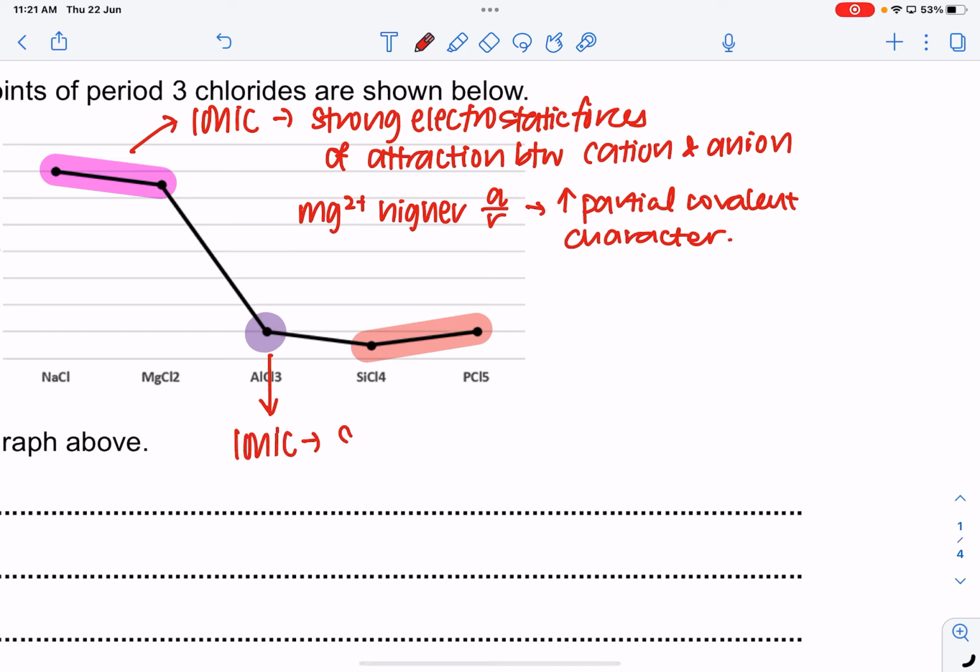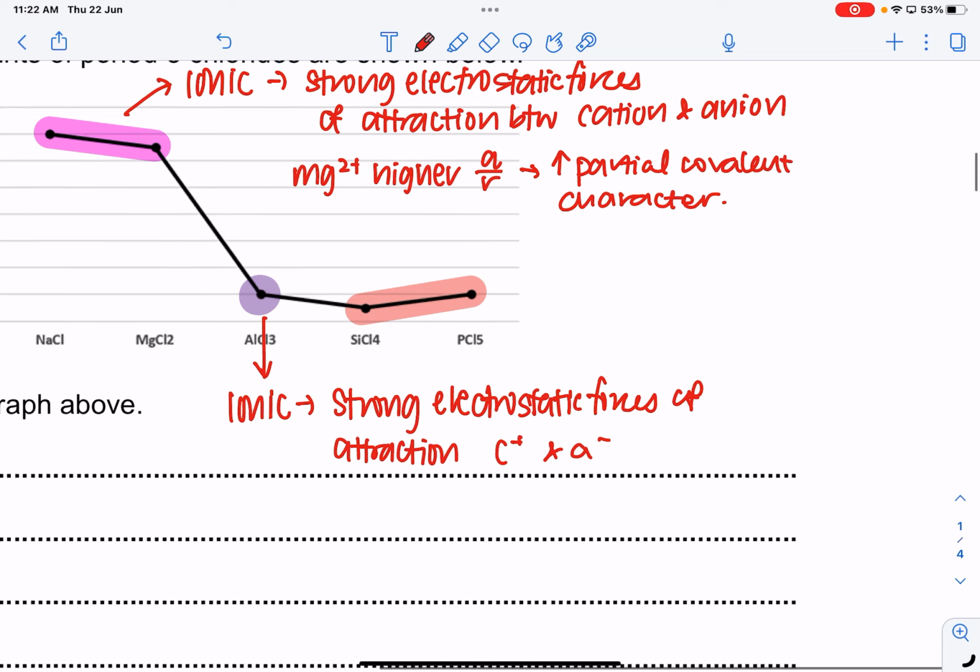Same thing, we say strong electrostatic forces of attraction within your cations and your anions. I write C plus and A minus.